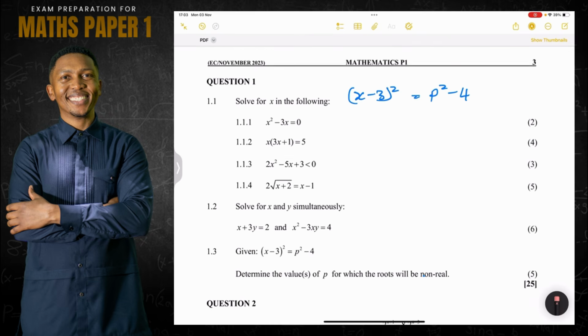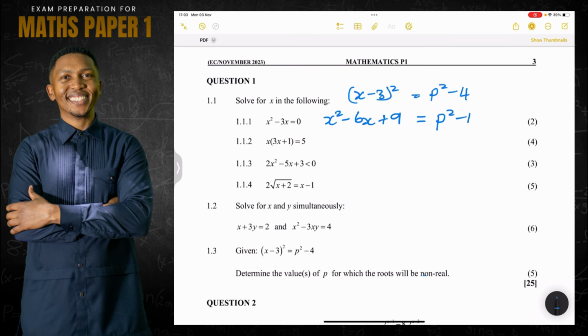So let's get this into standard form. We've got x² − 6x + 9 = p² − 4. That gives us x² − 6x, and now let's bring this entire thing to the other side: minus p².